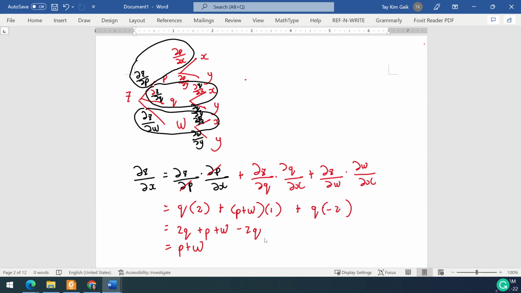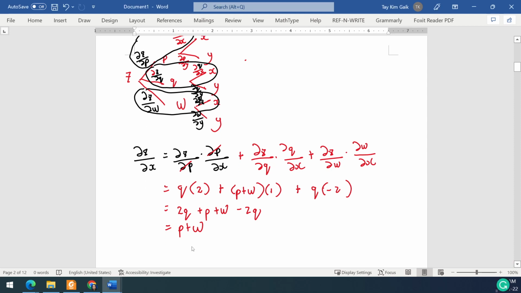How can the answer get y? Okay, we have to replace back p. P is actually 2x minus y. W is 2y minus 2x. So p plus w is 2y minus y. So the answer is y.